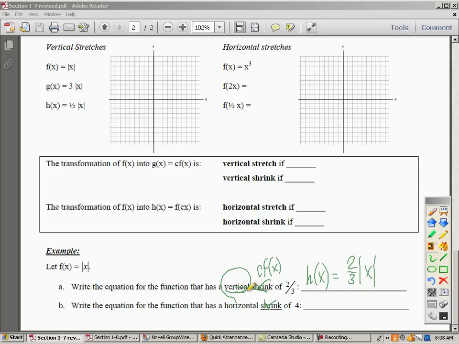But they're saying if I want it to be vertical, it's got to go in front of my function. If I want it horizontal, it has to go in my function, so f of cx. And that ends up being then this new function h of x is the absolute value of, is it 4x? Okay, so it's got to go inside my function. And that's kind of the idea that we're trying to get you to see. Vertical is outside of my function, horizontal is inside of my function.